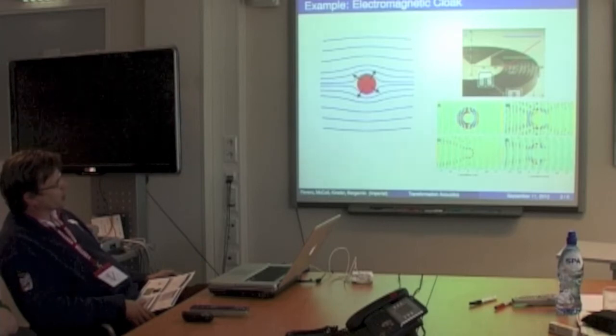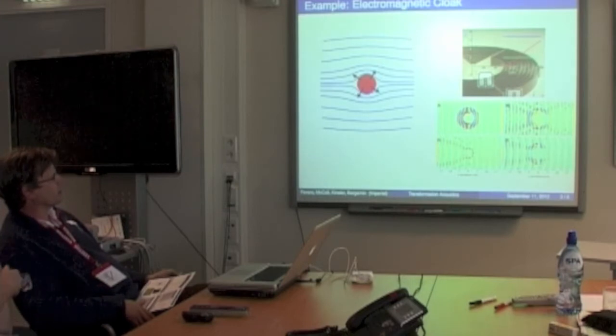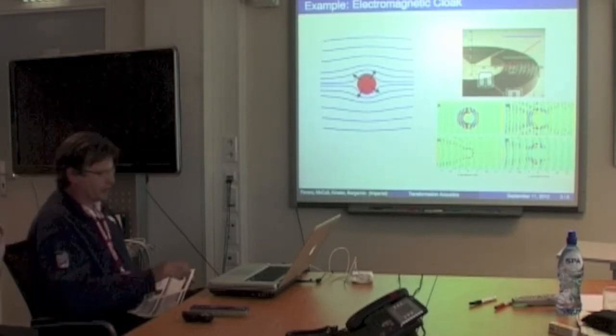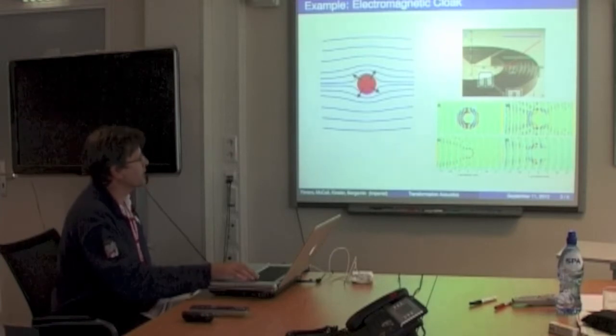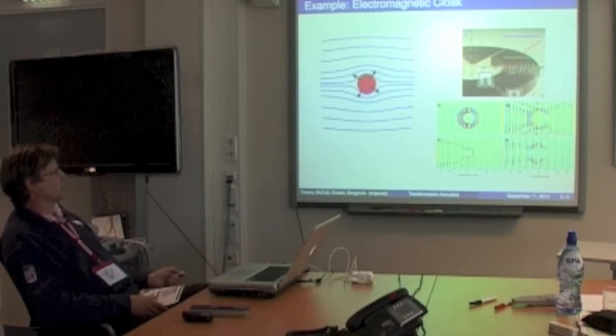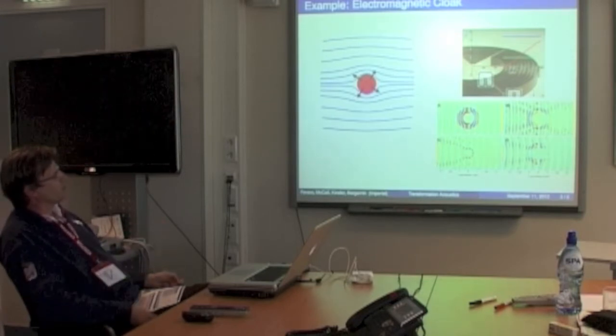So you can see the partial restoration of plane waves. It's not perfect, but it works. It serves as a demonstration, and of course many of these ideas have been developed and improved since that time.